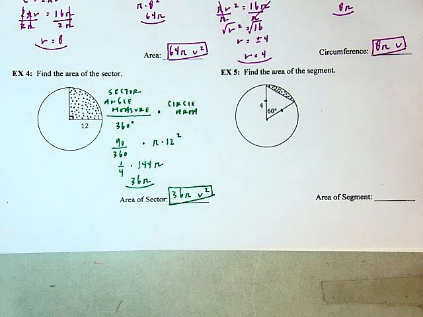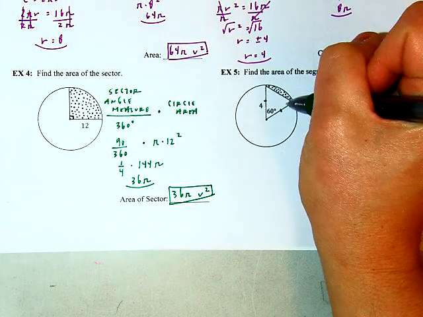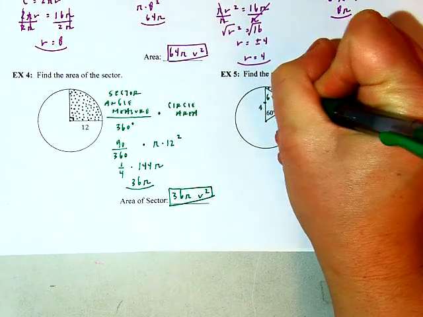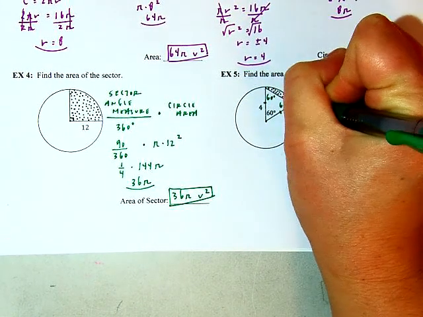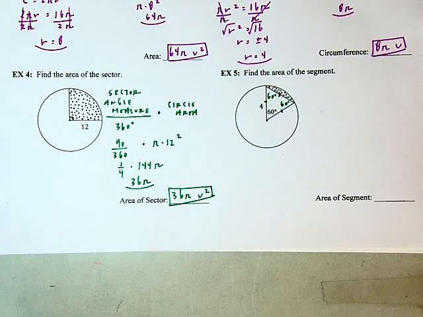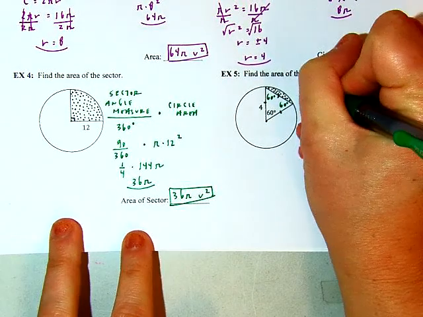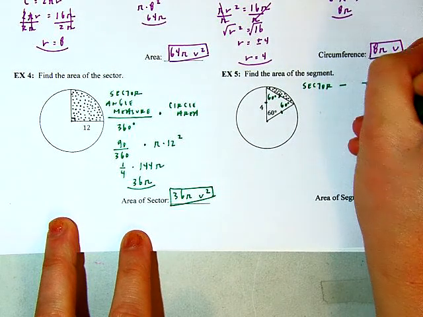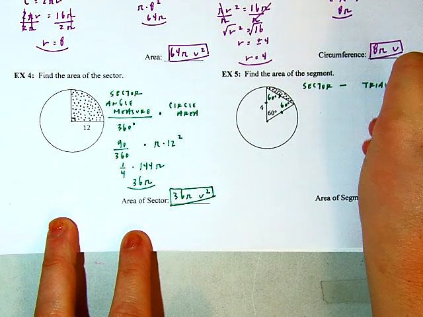So your radii will be congruent. Then these two measures have to be the same, and what's left over is 120. So I have a 60-degree angle here and here. I'm going to give it another little tick mark there to show that it's an equilateral triangle. So here I'm looking at sector minus triangle, and I just happen to notice that it is equilateral.